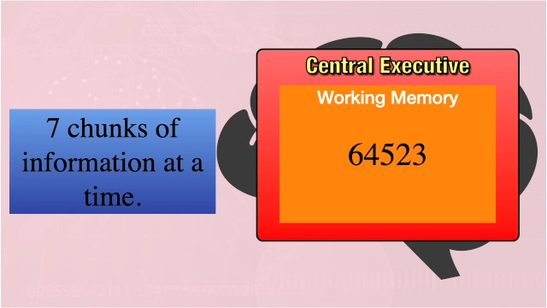It was 5 numbers. Now, try this one. Not so easy to do. That was 12 numbers, which surpassed the maximum of around 7 chunks our working memory can handle.